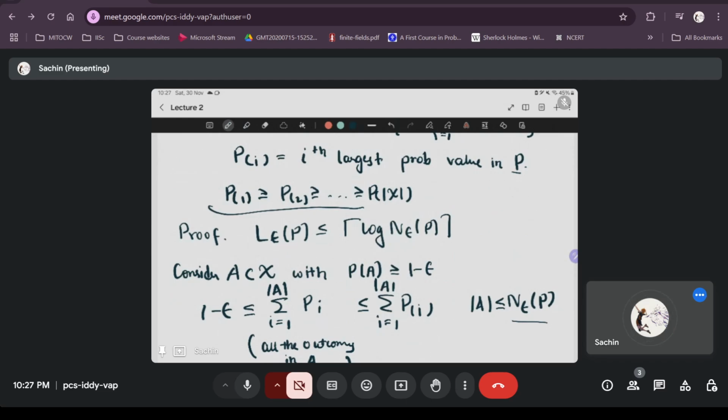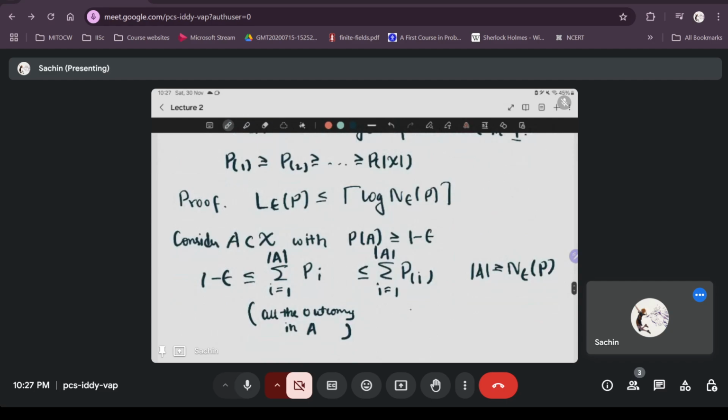That means that the number of terms that I added here is greater than or equal to, sorry, it should be the other way. This should be greater than or equal to n epsilon of p.